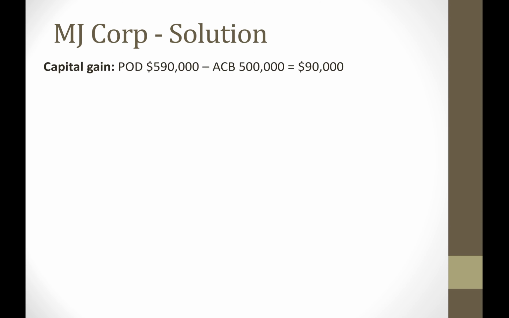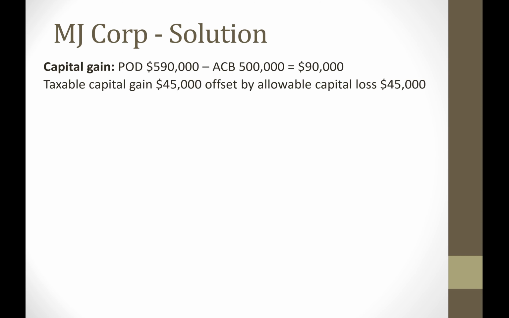Capital gain, proceeds of $590,000, that's the elected value, minus her cost of $500,000, that's going to create a capital gain of $90,000. Now remember, the taxable amount is going to be $45,000, and that's going to be offset by the allowable capital loss of $45,000. Remember, terminology is important. Capital gain, capital loss, those are the 100% amounts.